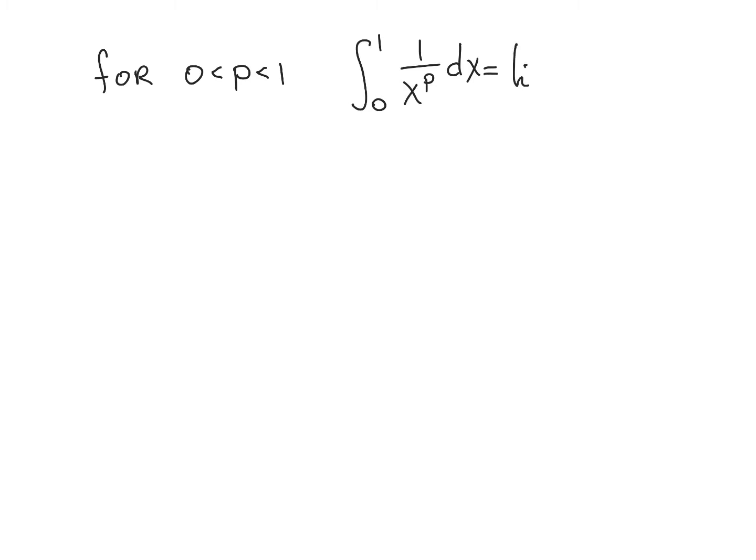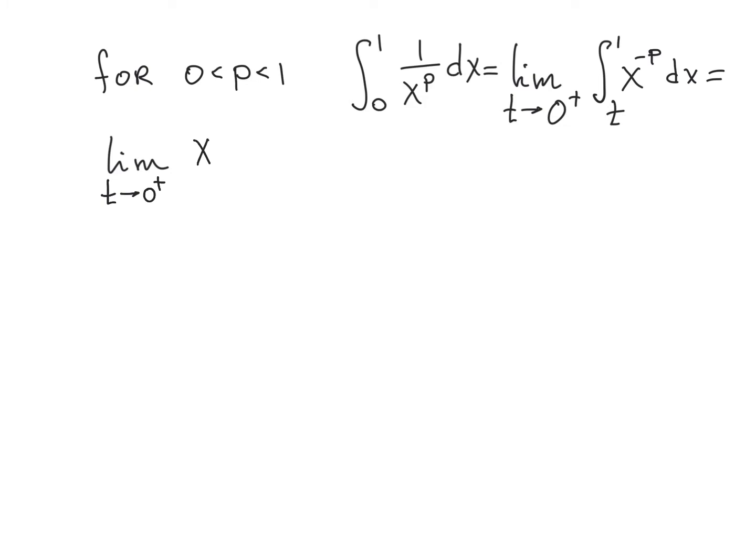Again, the integral is improper because 1 over x to the p is undefined at 0. So we use the limit to define it. Limit as t approaches 0 from the right of the integral from t to 1 of x to the negative p dx, which is the limit as t approaches 0 from the right of x to the negative p plus 1 divided by negative p plus 1, and that's evaluated from t to 1.